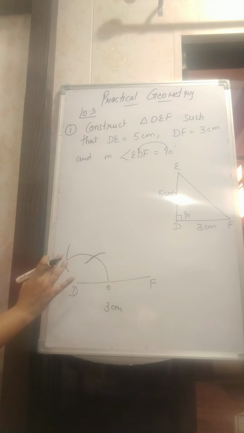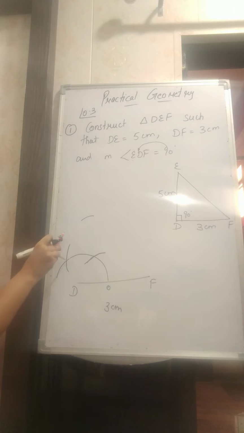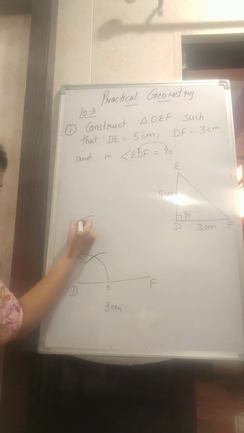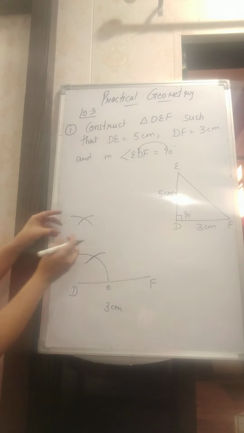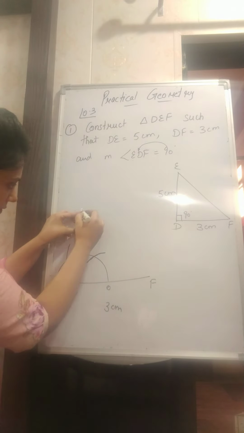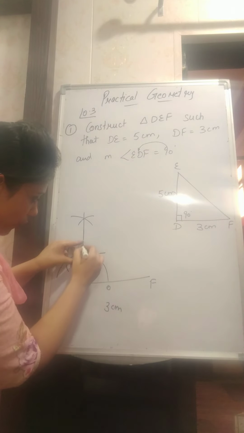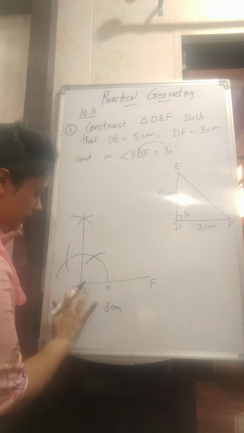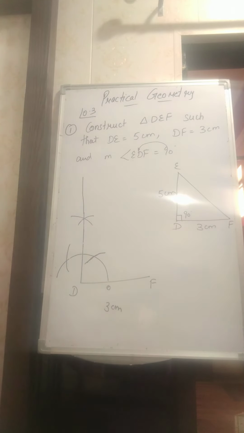You all know how to make 90 degree. Then from 60, one arc here. Then from 120, you will intersect this arc and then by using a scale, you will join D point to that arc and then this is your 90 degree angle, right?